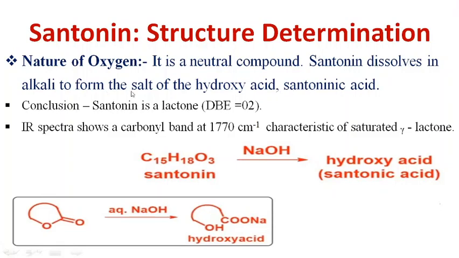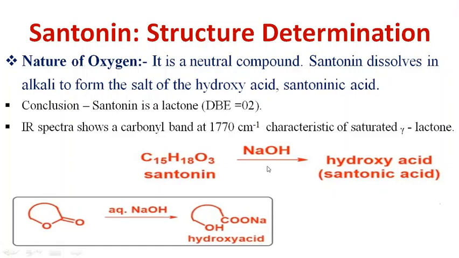Santonin dissolves in alkali to form the salt of a hydroxy acid. This is santonic acid. The formation of santonic acid gives very useful information about the nature of the oxygen atoms.